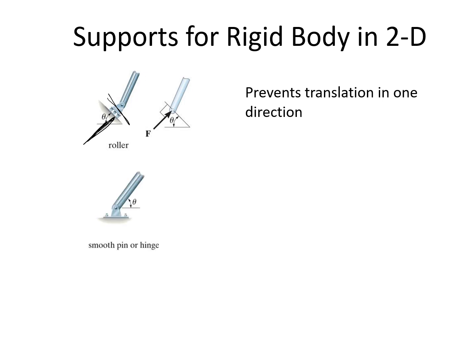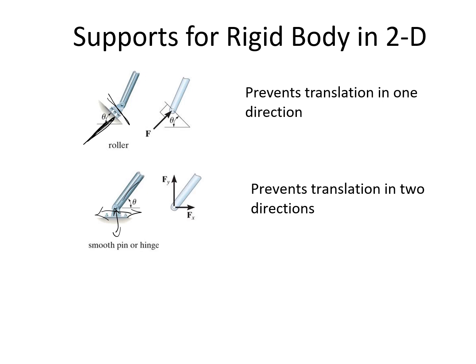The second type of support is a smooth hinge or pin. In this case, the body can't move left or right or up or down. It's prevented from translating in two directions. And so we have two forces that are reactions, a force in the x direction and a force in the y direction, because it prevents translation in two directions.